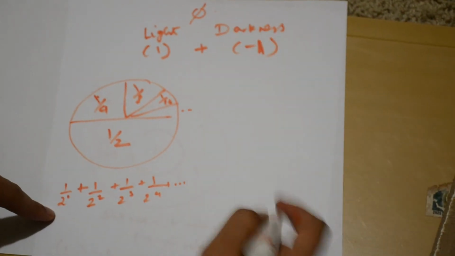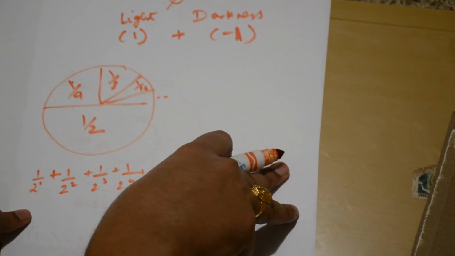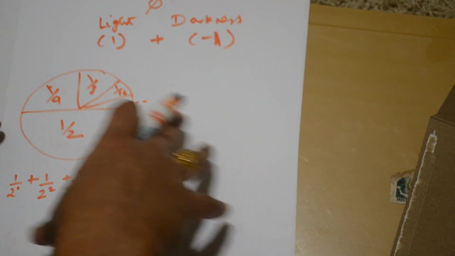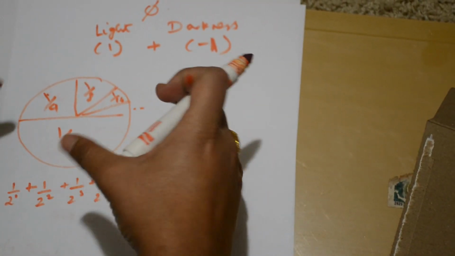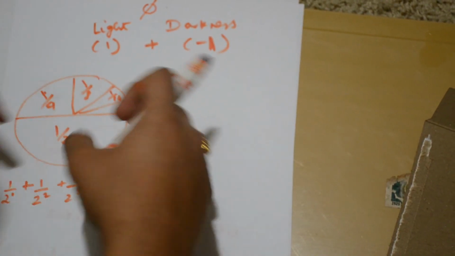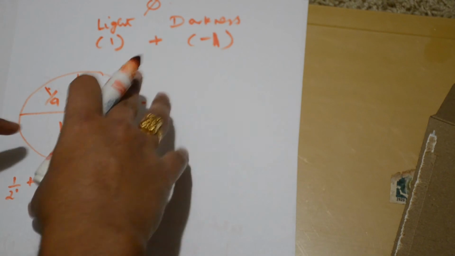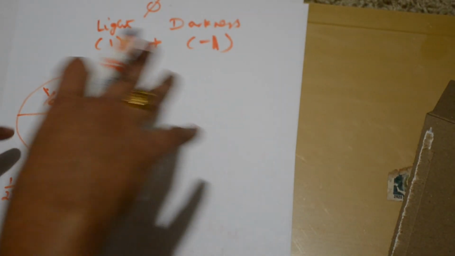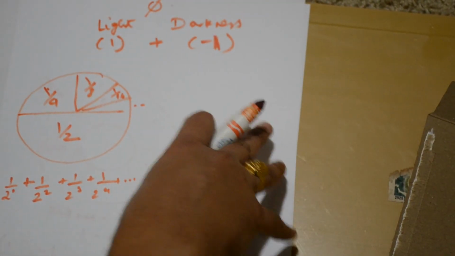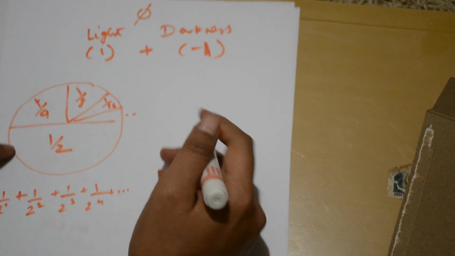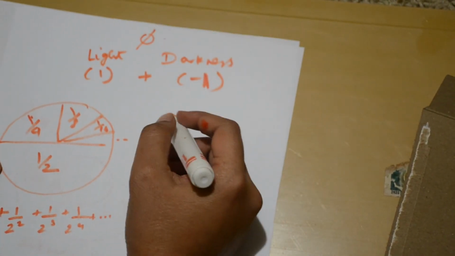Now, what is this minus 1? If 1 is all about synthesizing broken parts together, minus 1 should be all about breaking the whole into a lot of pieces. You can think of it this way.